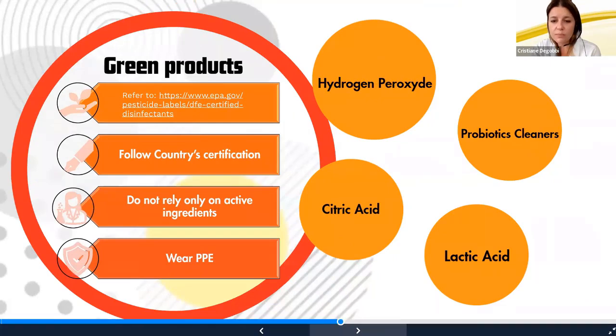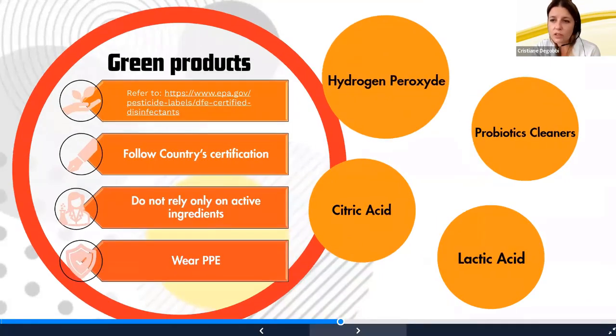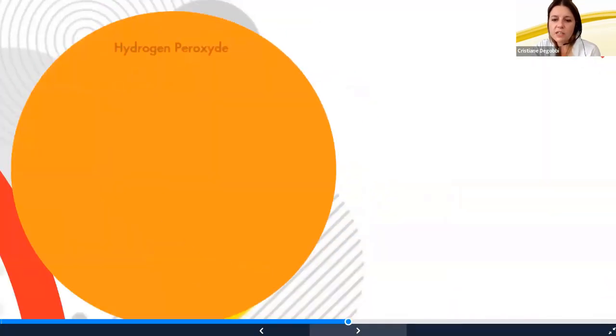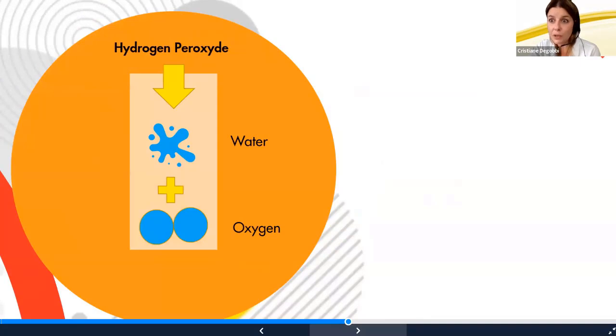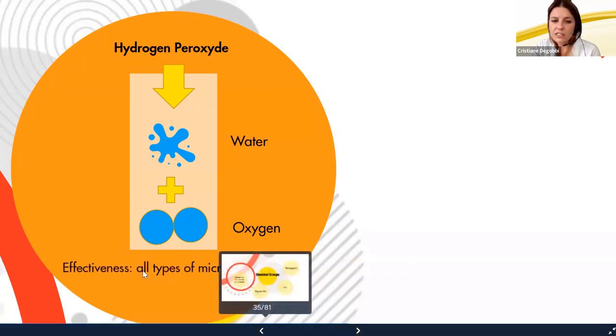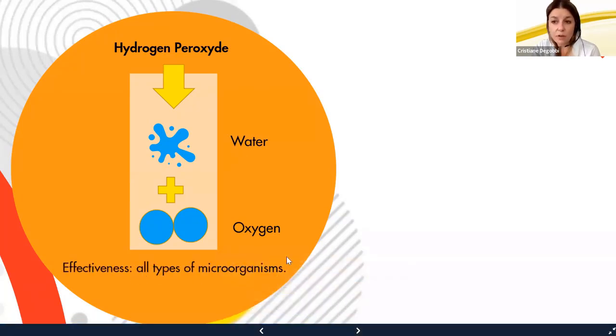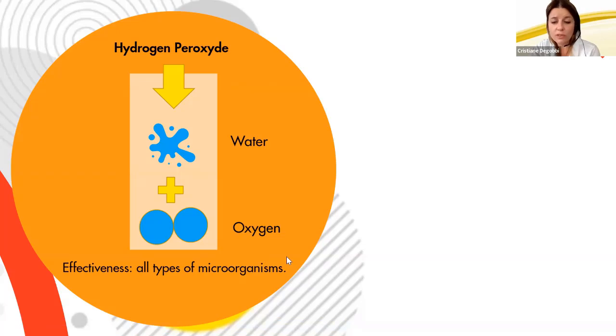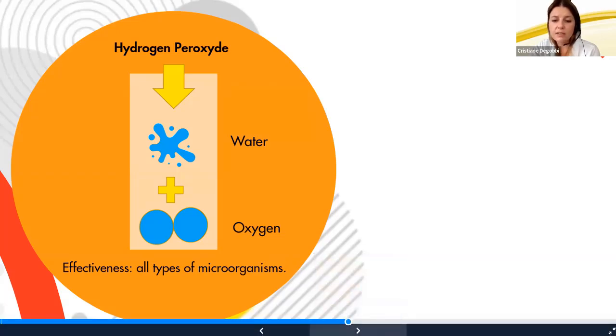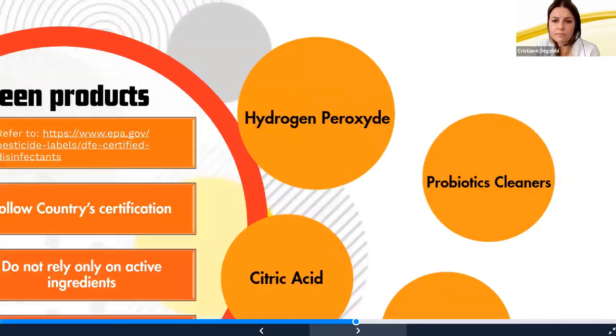For example, hydrogen peroxide, depending on the product, can be considered green. But we know that we cannot be exposed to it while we are applying. But it's going to turn into water and oxygen, and it can be effective against all types of microorganisms depending on concentration, time, and methodology.